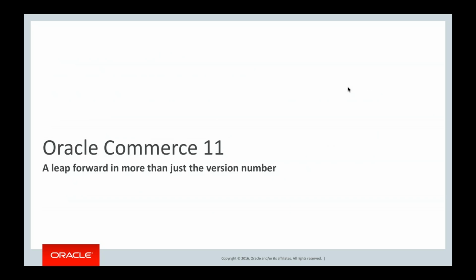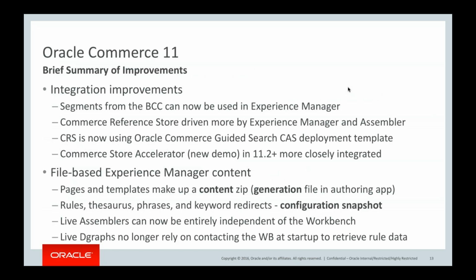So in 11.x, we've made a few changes. Those who are familiar with ATG and the ability to create segments within ATG, to me, segments are what I call dynamic groups.